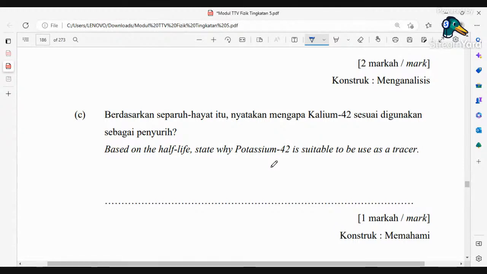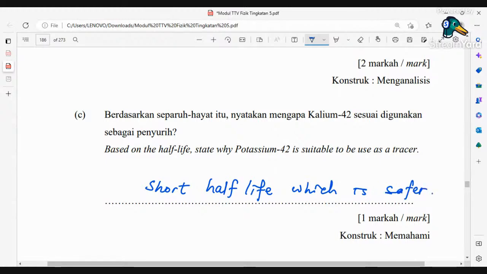Too short also cannot. Okay, so we can say, potassium has short half-life, which is safer because it does not stay long in the patient body.